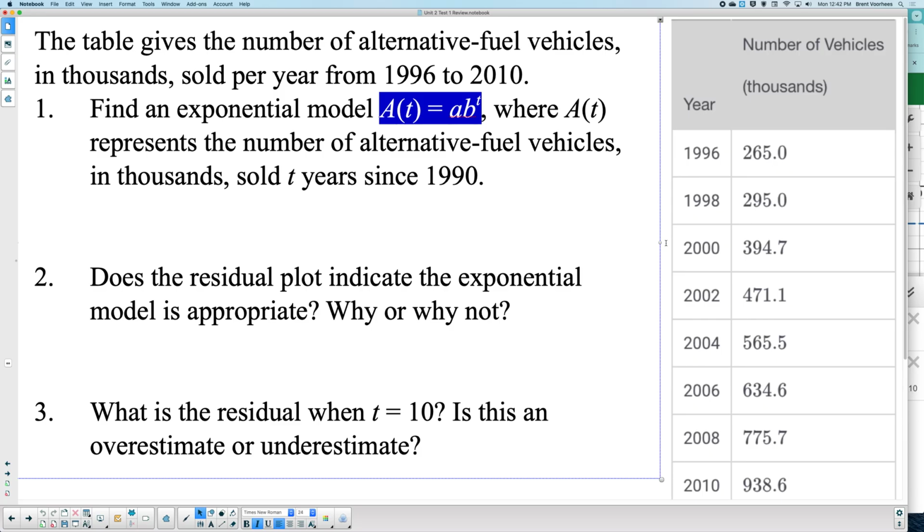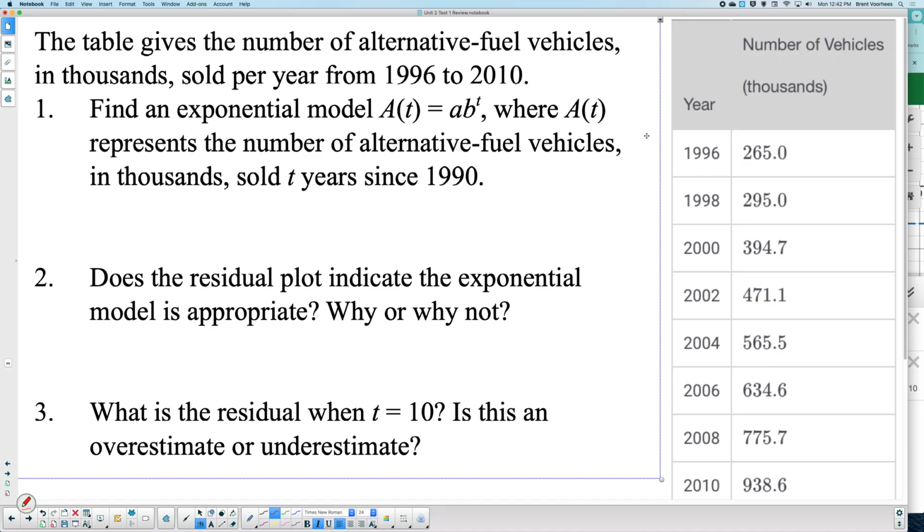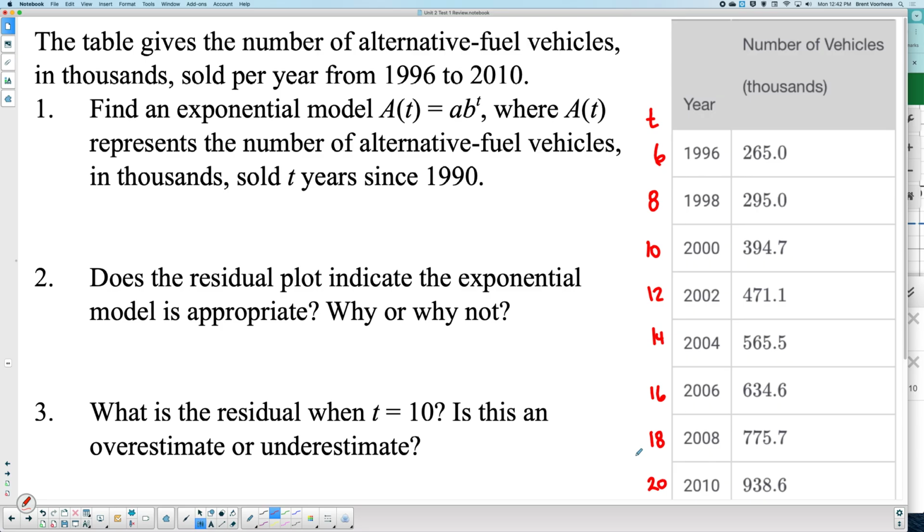The first thing I would do here, when it says t years since 1990, what that means is our years isn't actually what we type in the calculator. How many years is 1996 since 1990? 6. So we're going to type in 6, 8, 10, 12, 14, 16, 18, and 20. That's what we're going to actually type in there.